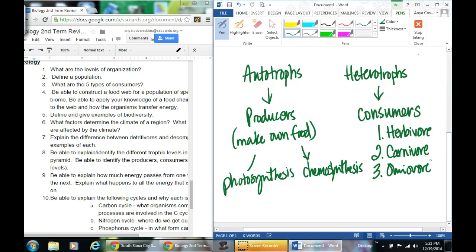And then we have our detritivores, and they are going to be eating dead matter. Oh, and the detritivores are also going to eat other meat like a carnivore would.